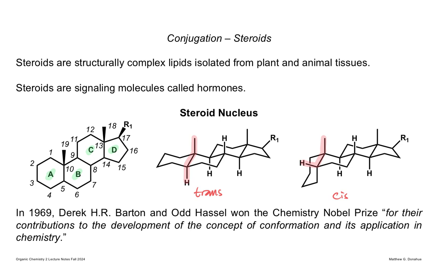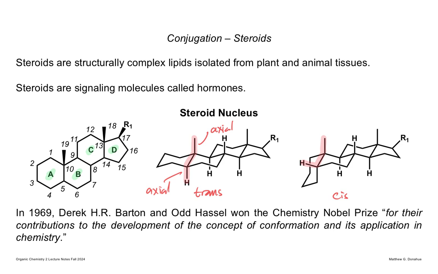We talked about this in organic 1, conformational analysis. So this cis and trans thing with the steroids was recognized by a Nobel Prize to Barton and Hassel for really figuring out that a 6-membered ring can have axial. So for example, this methyl group is axial, this hydrogen's axial.